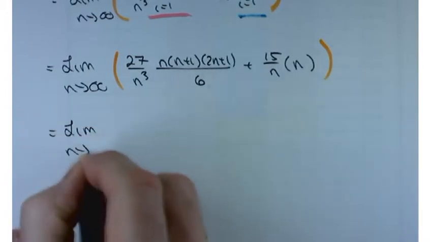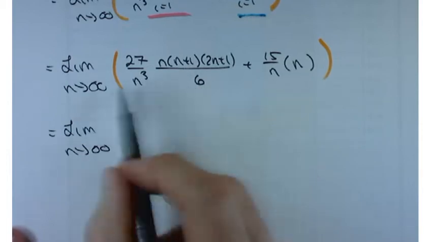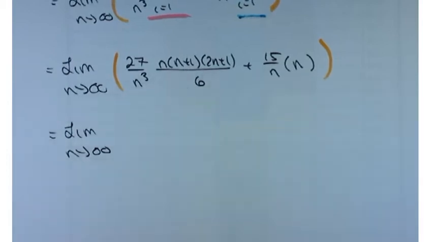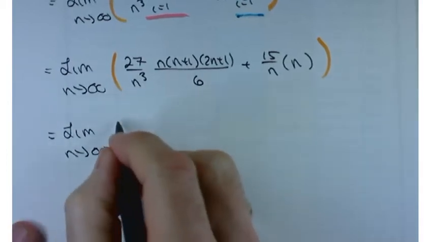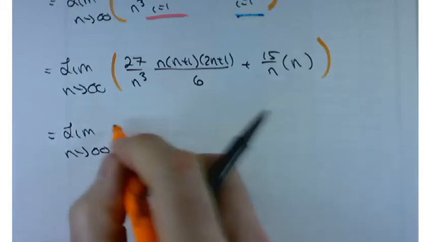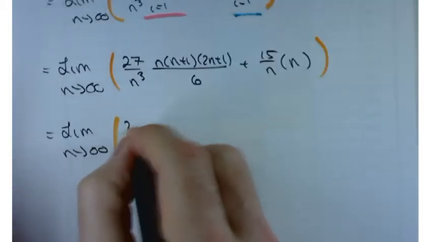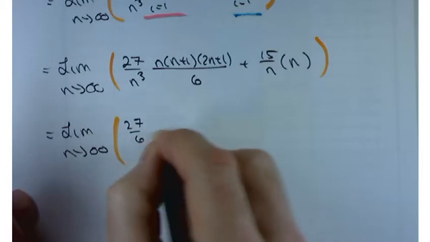Limit as n approaches infinity. Let's clean things up a little bit. I'm going to take the 6 out in front. I have this as 27 over 6.